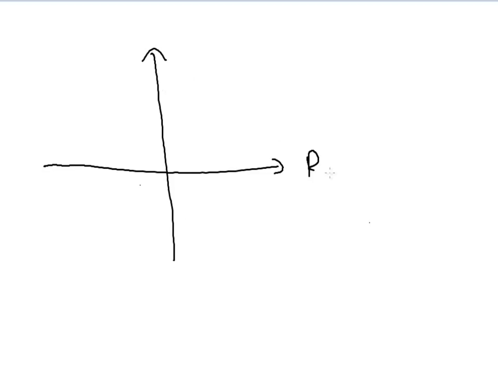An Argand diagram is like a normal coordinate diagram, except we have a real axis and an imaginary one.